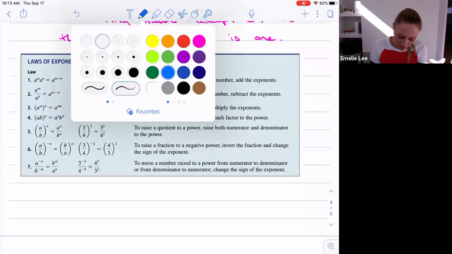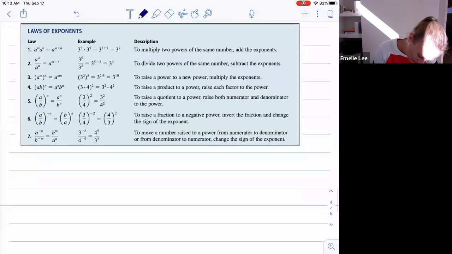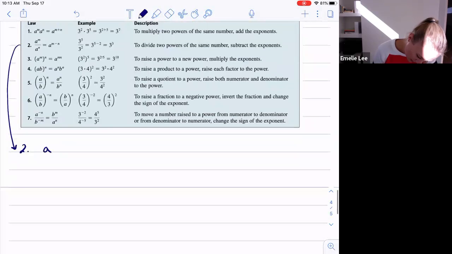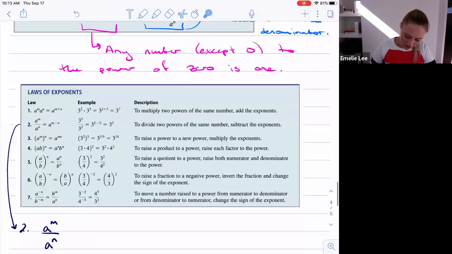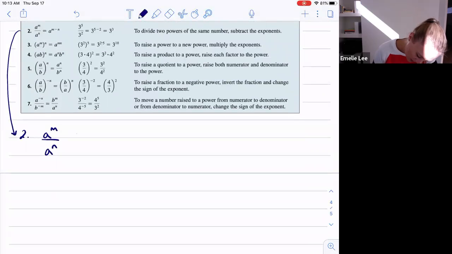And I want to show you why. So a to the power of m over a to the power of n, using the rule, so this first rule, right, that I can rewrite a to the power of n as a to the negative n, right? So this is going to be the same as a to the power of m times a to the power of negative n, right?